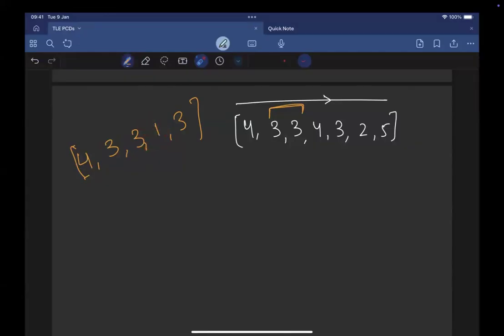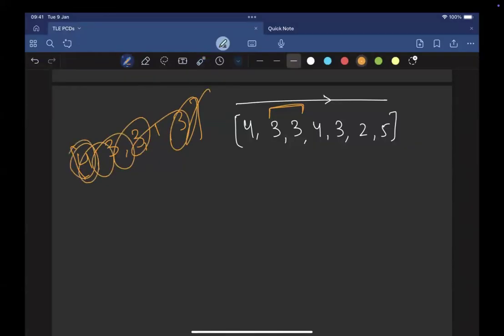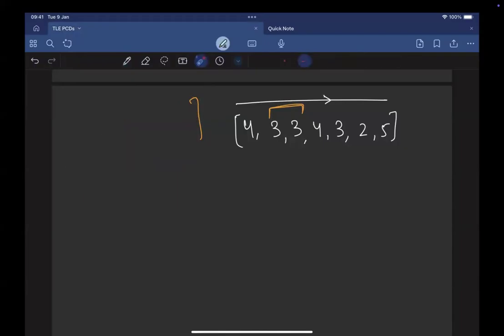So the idea that we have got is I want to find the first possible subarray where 3 is the majority element. Similarly, I want to find it for 4, for 5, for 2, for 1, for all the elements: what is the first possible subarray where that guy is the majority element. And I will just pick the smallest guy.